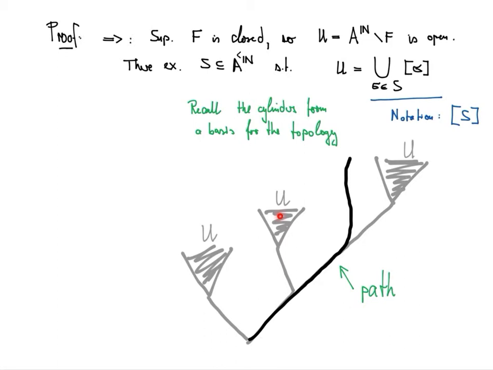We collect all these things in a tree, and then the set F will be precisely the set of infinite paths through this tree. So, idea: collect all the strings that are not covered by one of those cylinders.